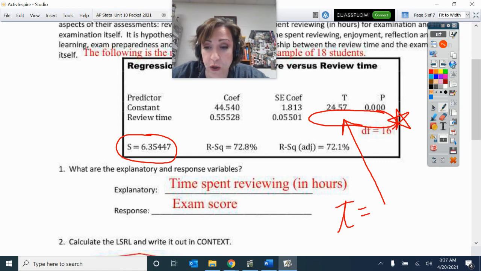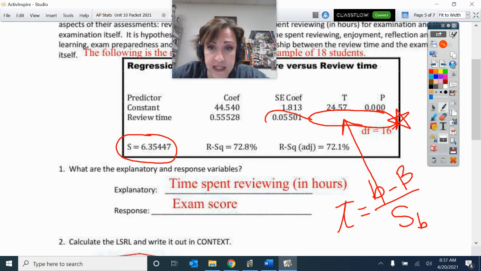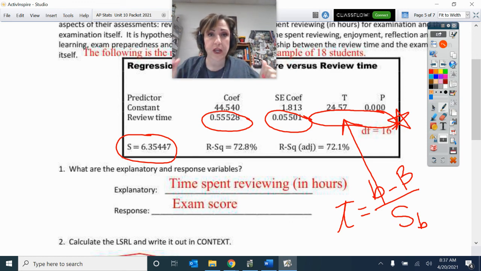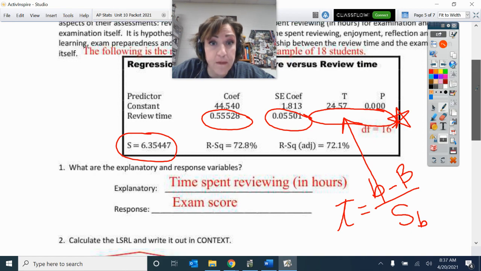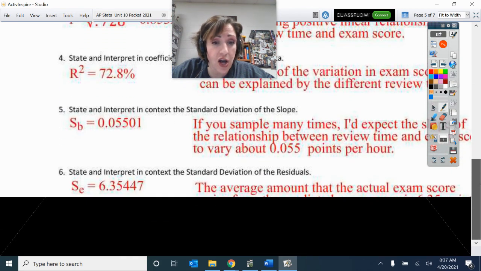Remember, to get the t-score, it's sample slope minus beta over the standard deviation of the slope. See, there was the standard deviation of the slope, here was the slope, minus 0. And don't forget, you need to keep practicing all of these other interpretations. All right, good luck to you on your assignment.